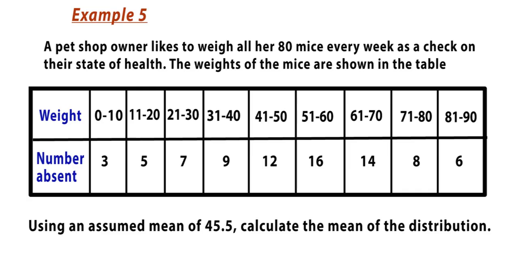Now the question says, using an assumed mean of 45.5, calculate the mean of the distribution. As we said before, this is a grouped frequency table. You can see that our weights are in groups or classes.